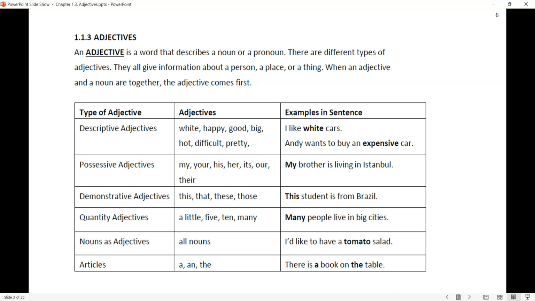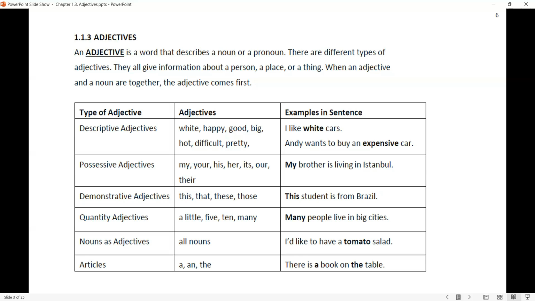An adjective is a word that describes a noun or pronoun. So we already know that an adjective modifies a noun. An adjective describes a noun. An adjective talks about a noun or a pronoun. And there are different types of adjectives, and they all give information about a person, a place, or a thing. When an adjective and a noun are together, the adjective comes first.